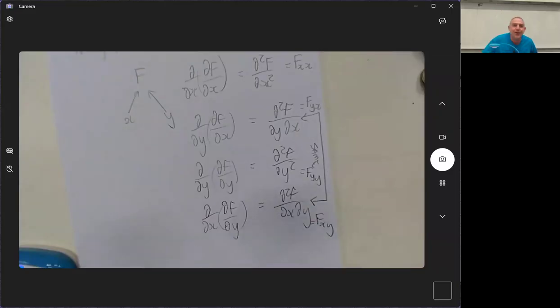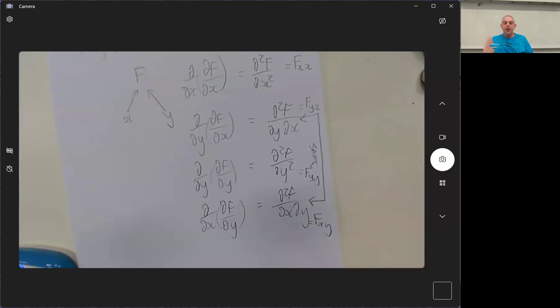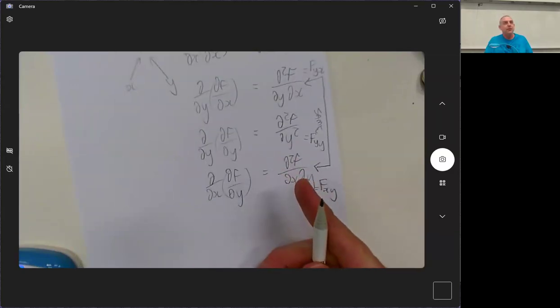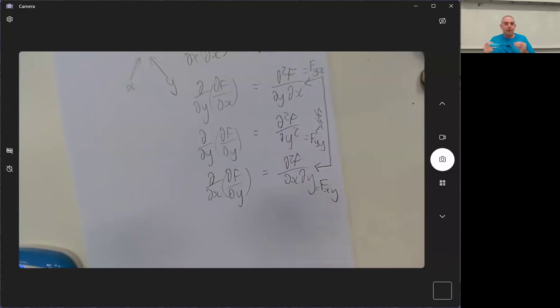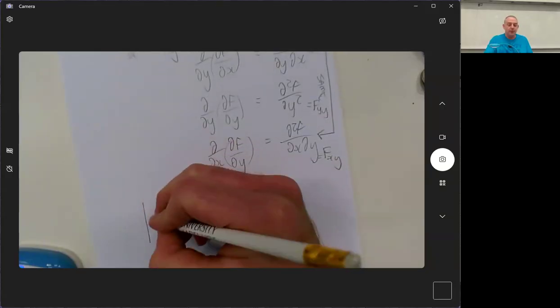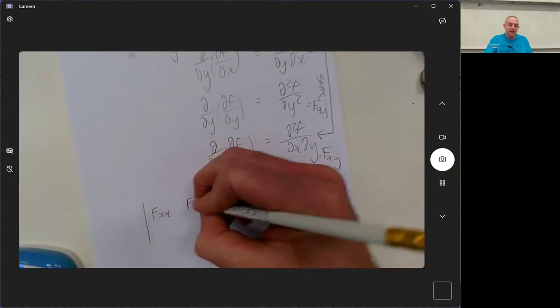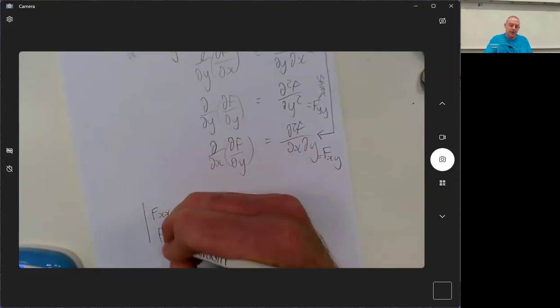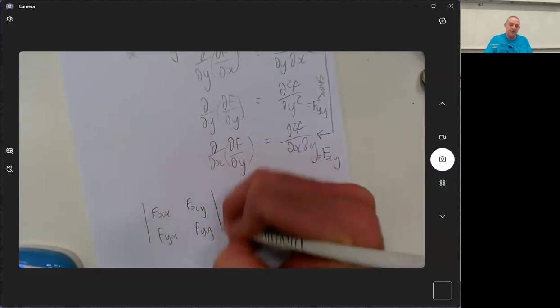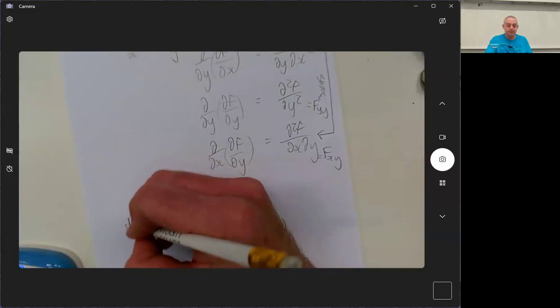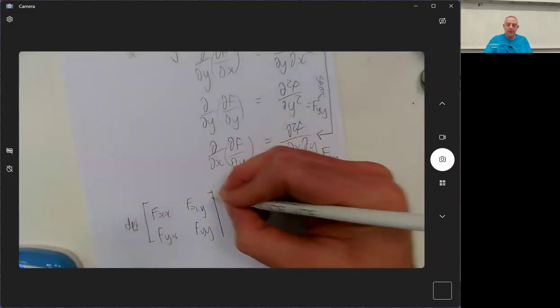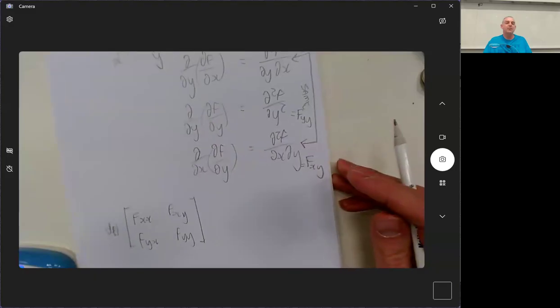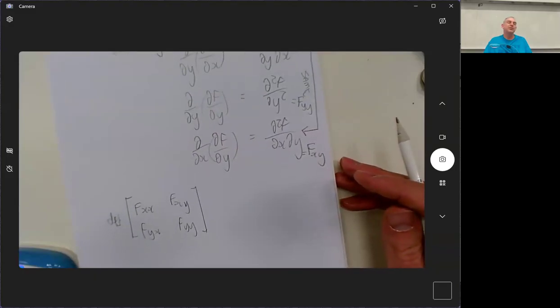Okay, so when you do the second derivatives, it's a bit of a basket case, but you have to take the determinant of fxx, fxy, fyx and fyy. And that will tell you whether it's a maximum or a minimum. Well, actually it won't.